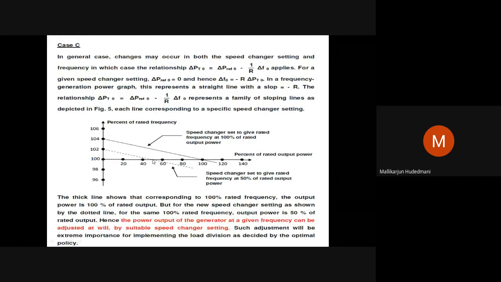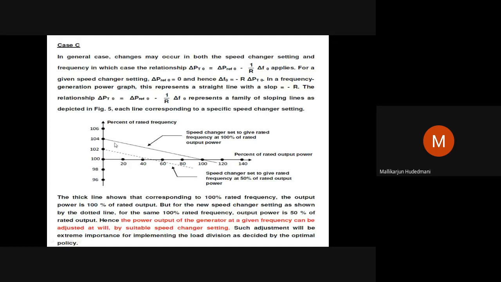It means it is working with a 102 to 50 connecting point. The same generator, having a droop nature, is working at 50% of its capacity throwing out, and it is interacting with this line. Suppose it is drawing 60% of the output. This dotted line would touch the 60 point. It should touch 80. It should touch 20 in this way.